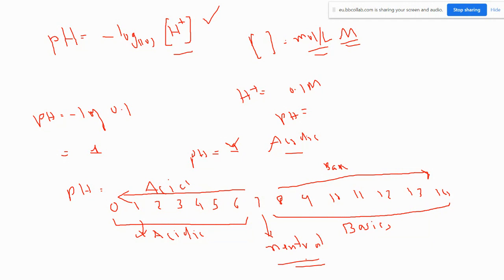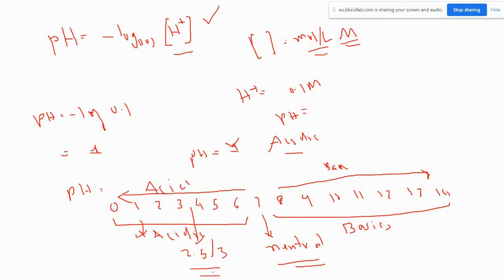Like the Pepsi can. Why do doctors advise people not to drink Pepsi Cola or all these soft drinks in the morning without breakfast? Because these have acidic pH, maybe around 2.5 or 3.